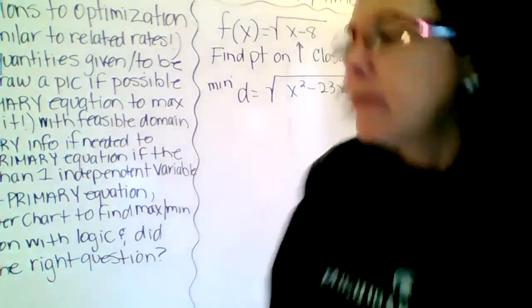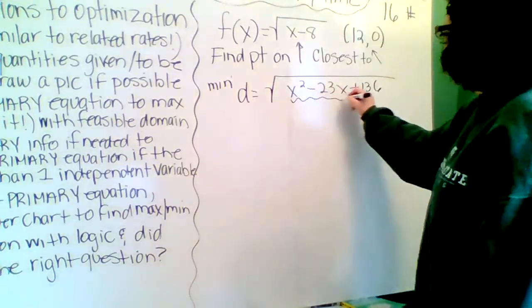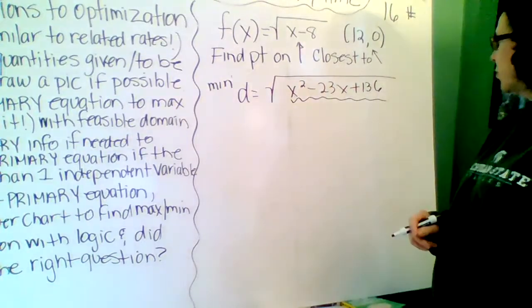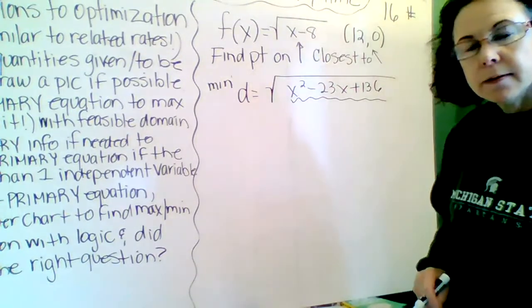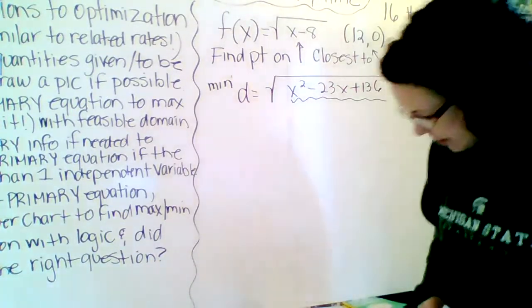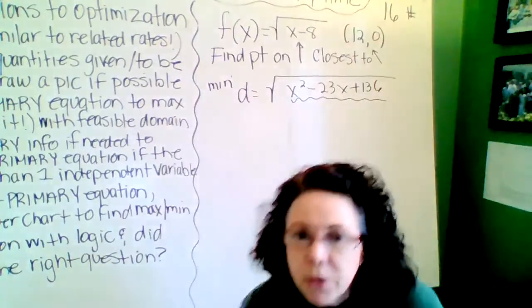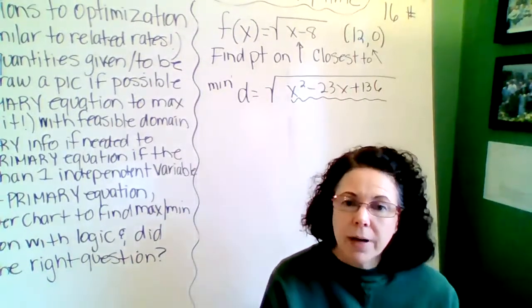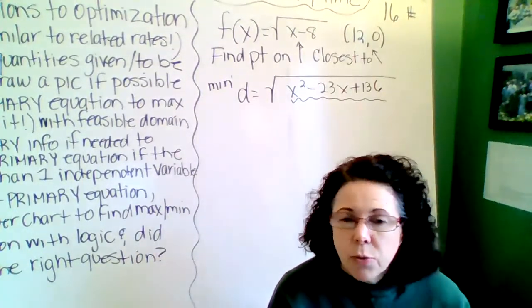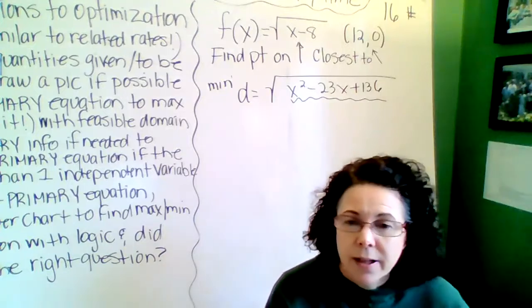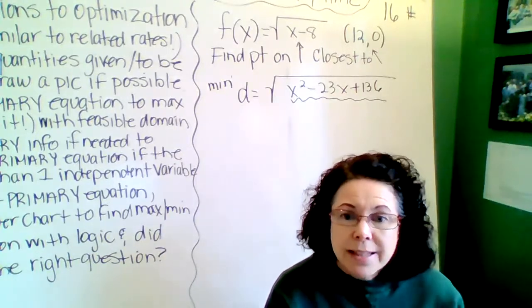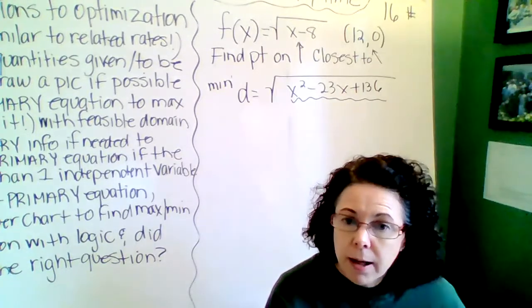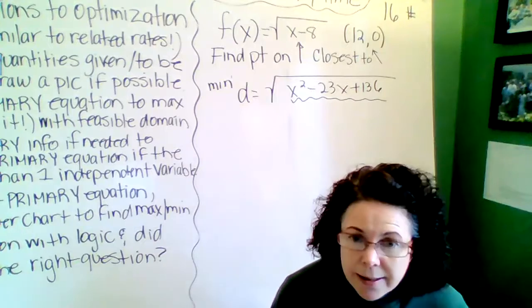Isn't it true that if I minimize x squared minus 23x plus 136, anytime I minimize what's under the square root, it's going to minimize the square root, right? The square root of 25 is 5, the square root of 16 is 4, the square root of 9 is 3.